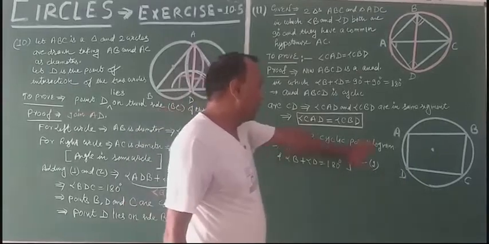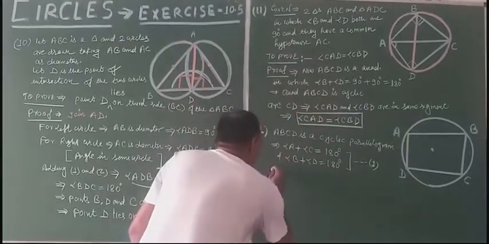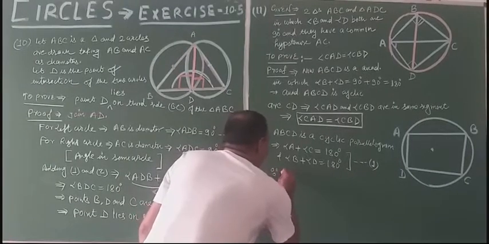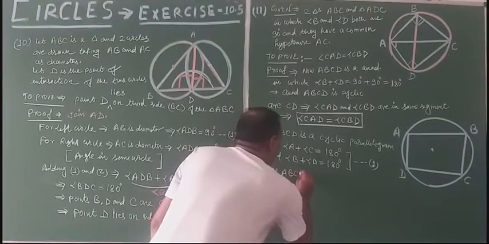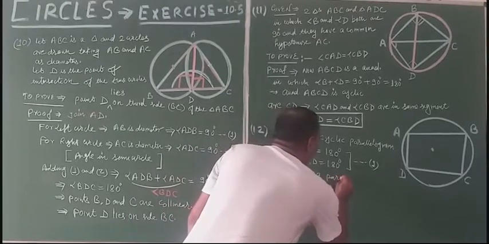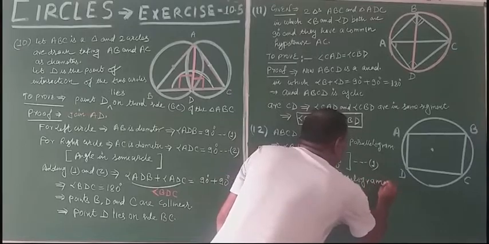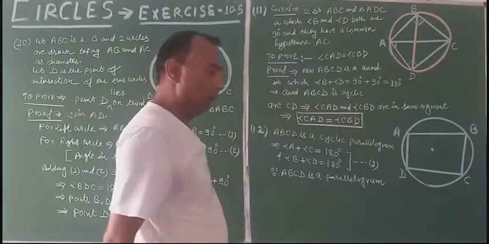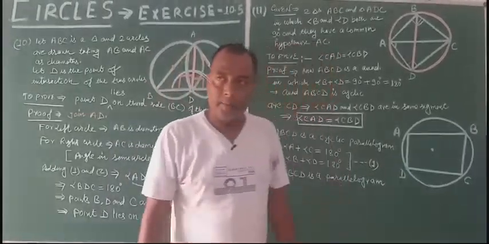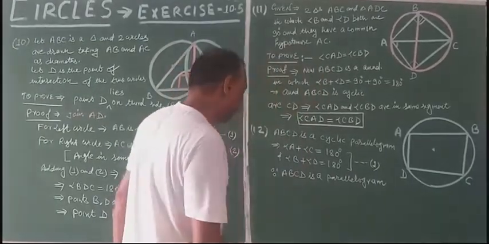Again, this is a parallelogram. Since ABCD is a parallelogram, opposite angles of a parallelogram are equal. So therefore, what will happen?